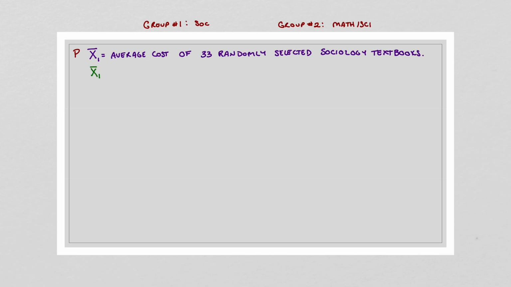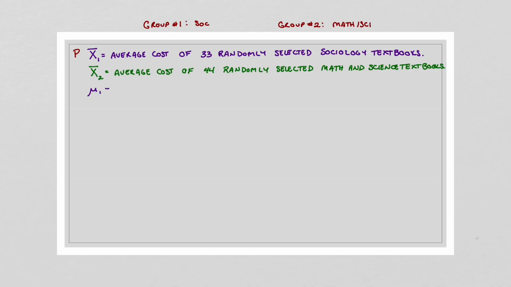So x bar sub 2, this will be the average cost of 44 randomly selected math and science textbooks. So notice here that the two groups don't have to have matching sample sizes. It's okay if they are different, so do not panic when you come across that.